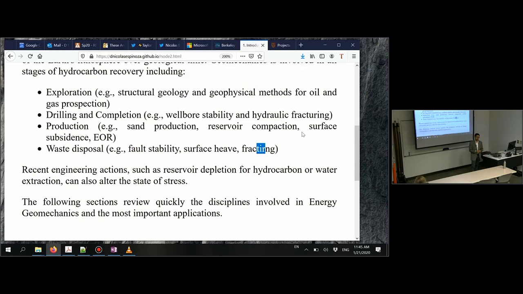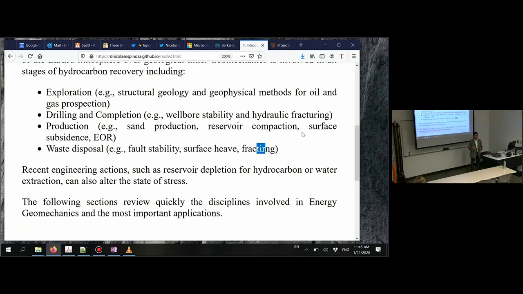I don't know if you remember the news about 2 years ago. There were problems in Oklahoma because of induced seismicity. Earthquakes of magnitude 4 or 5 in a region that almost never had earthquakes before.